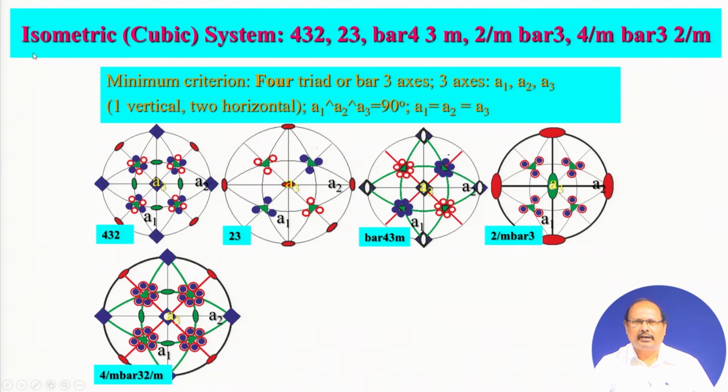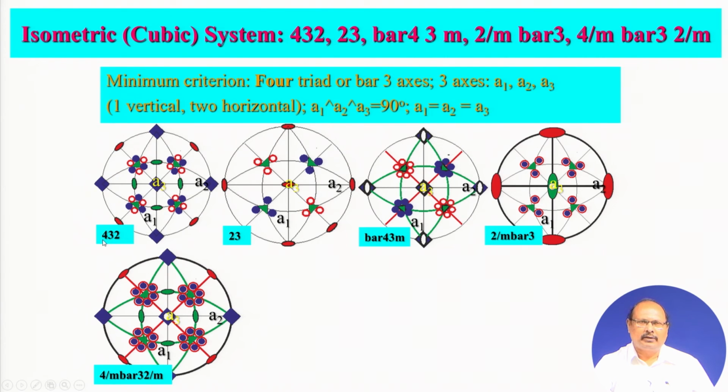One of them is vertical and the other two are horizontal, and A1 angle A2 angle A3 is equal to 90 degrees, and they are all equal in length, as I have just told you: A1 is equal to A2 is equal to A3. I give you an example with one point group of symmetry, let us say 432. You can recapitulate what 432 means.